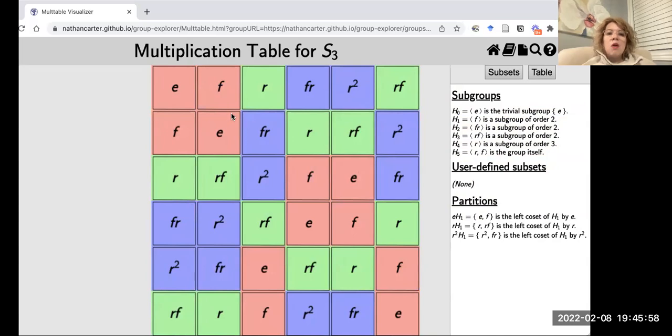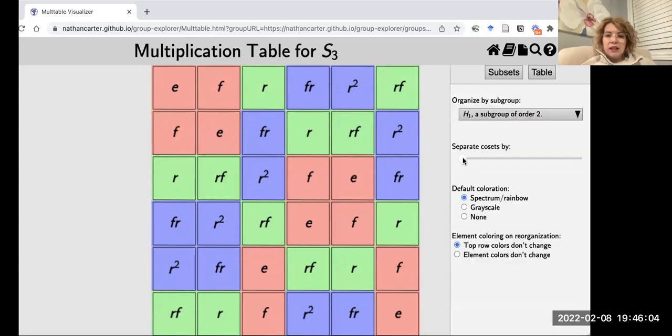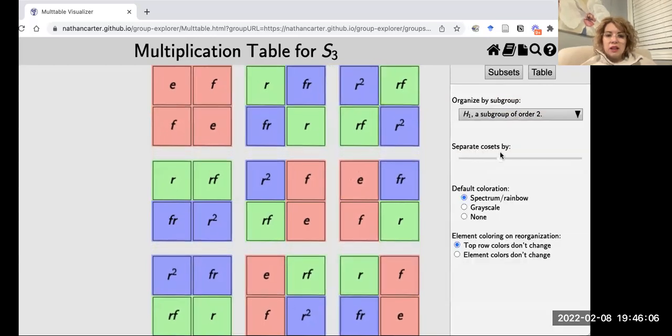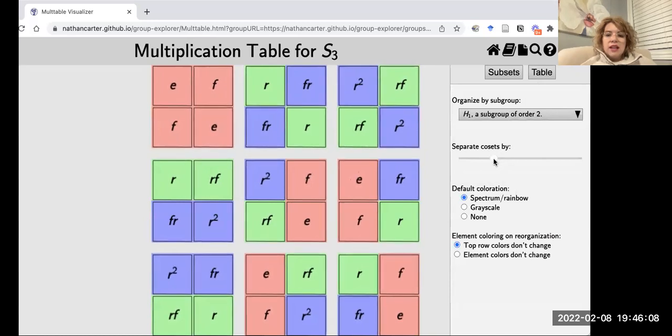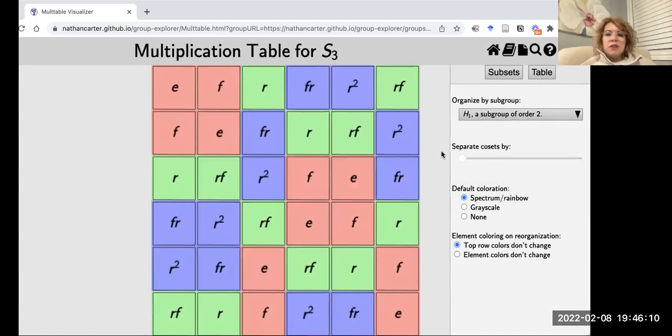A flip. Oh, I know, it's a little bit weird here. So I organized it by H1, but the issue is that H1 is so small, it's only two things in it, that there's still a lot of extra movement for the order of those elements elsewhere.